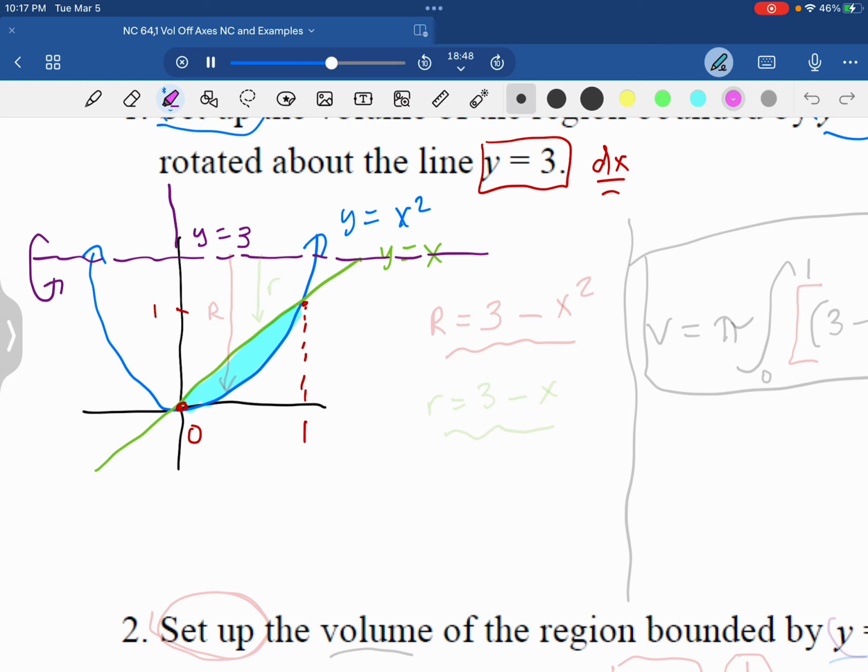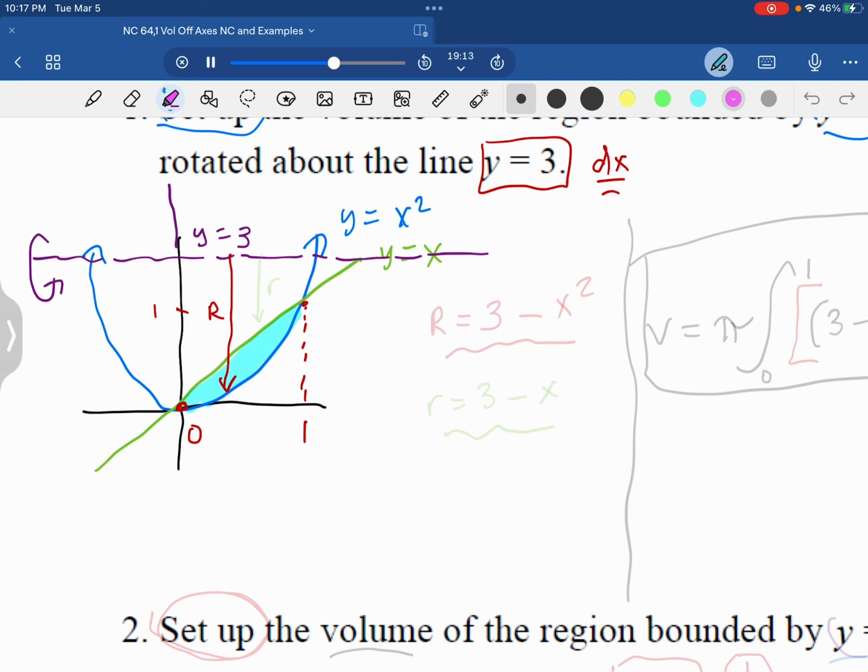So let's figure out our big R and our little r. Remember, big R is the distance between the axis, the purple line, and whatever line is further away from it, which in this case would be the blue line. And remember, I draw my arrow in the order it's going to go in the problem, which is top minus bottom.